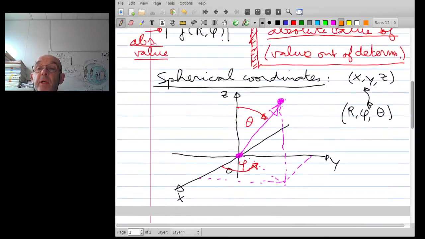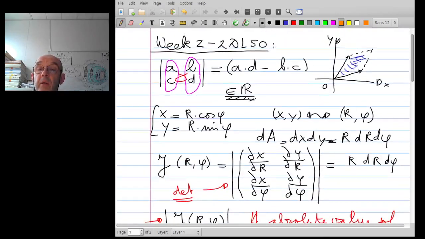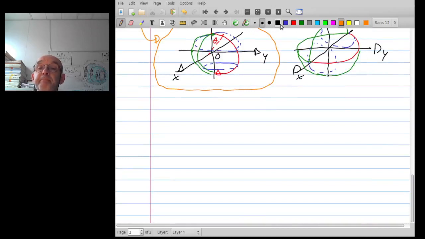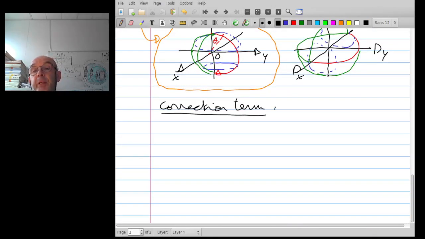Now, to calculate the correction term, you first have to calculate the Jacobian, and in this case it will depend on r, phi and theta, and the Jacobian will be the determinant.